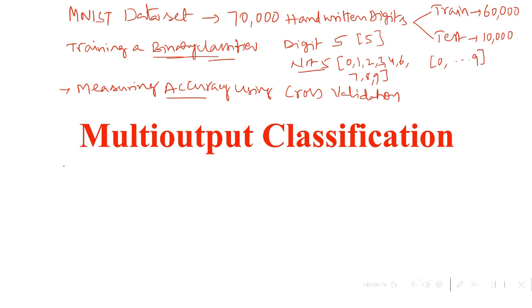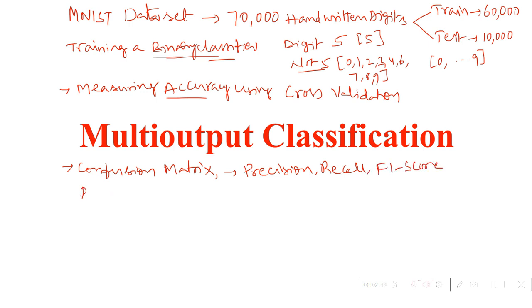For example, the confusion matrix, and based on this confusion matrix we are going to find the precision, recall, F1 score, and the precision-recall trade-off. We also find the ROC curve and AUC curve.